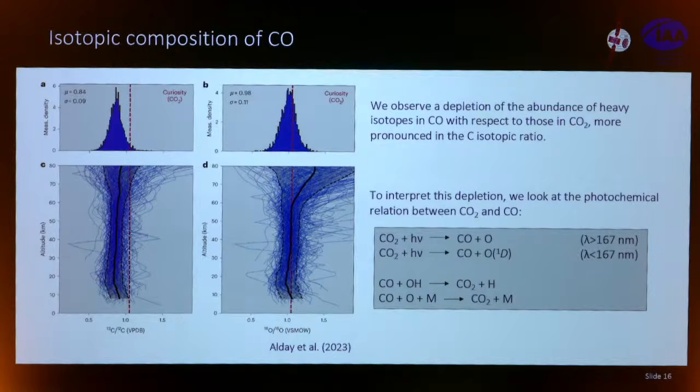So when CO is forming, it has a fraction of C13 which is smaller than in its parent molecule, which is CO2. And so that's how we go from, let's say, relatively rich C13 in the CO2 into a rather poor C13 in CO. And that can actually be reproduced by a 1D model.